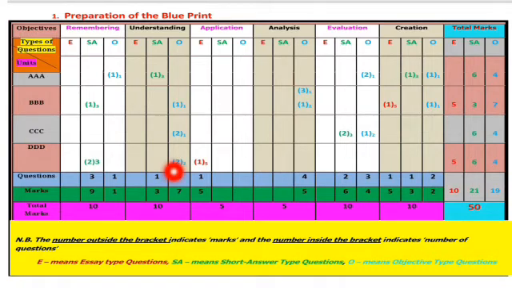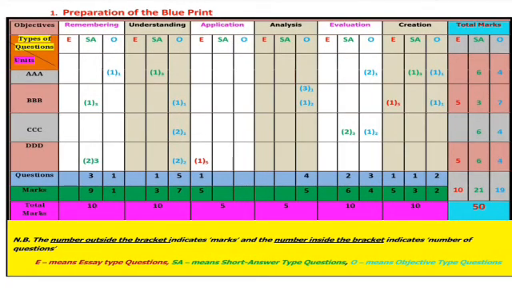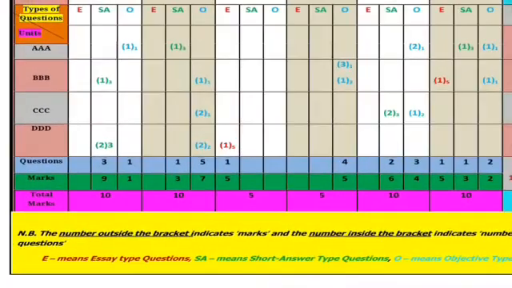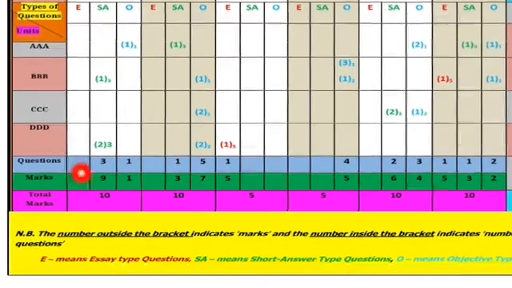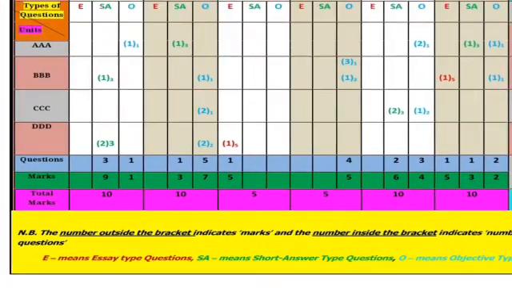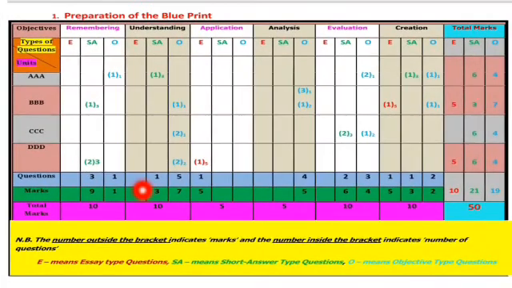Now coming to the objective type of questions, we have 1 question 1 mark. For your convenience, I have also distributed. I have written question marks for your understanding only. This is my way of preparing the blueprint.